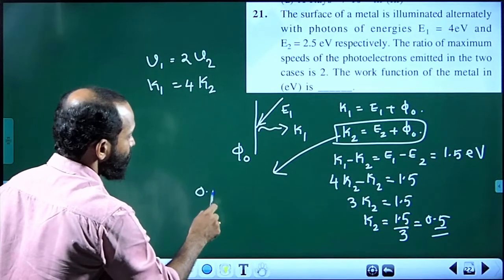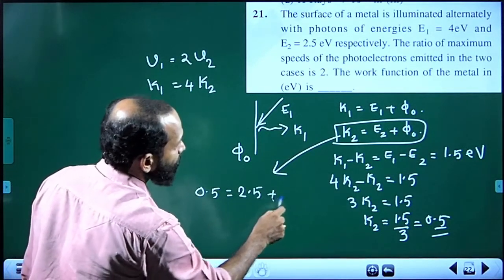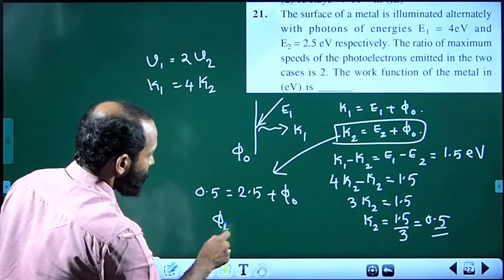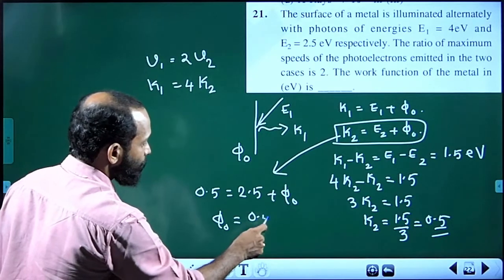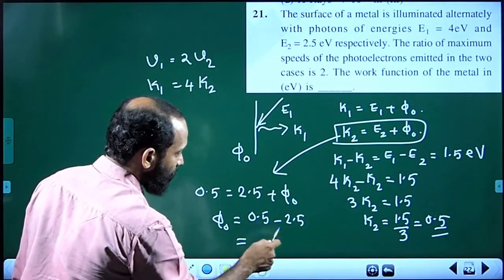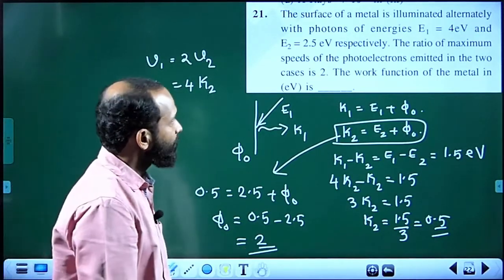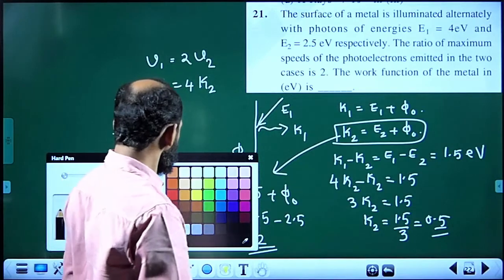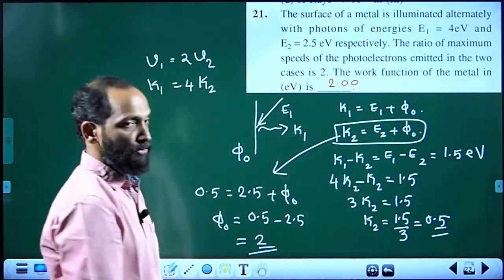So, 0.5 is equal to E2, which is 2.5, minus phi 0. So, phi 0 is equal to 2.5 minus 0.5, that is equal to 2, and the work function can never be negative. That is why the correct answer is 2 and should be expressed as 2.00 electron volt.